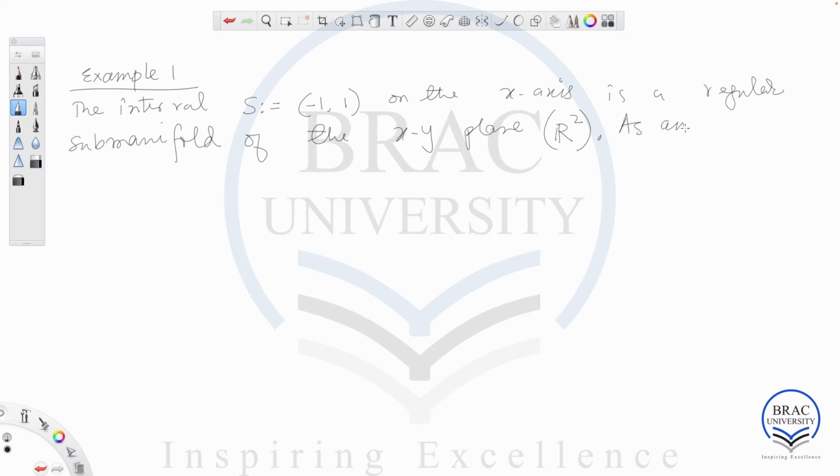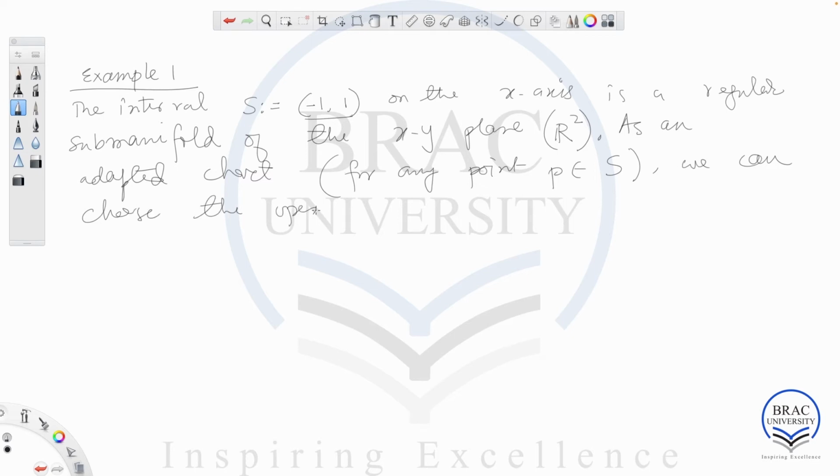Now, as an adapted chart for any point P in S, we can choose the open square U, minus 1 comma 1 Cartesian product minus 1 comma 1, with coordinates x comma y of the plane R2.